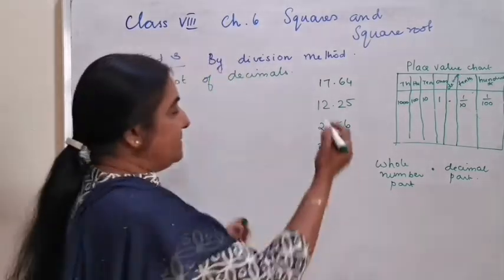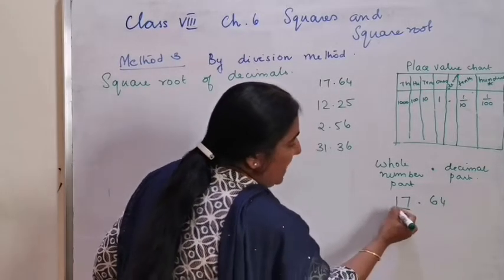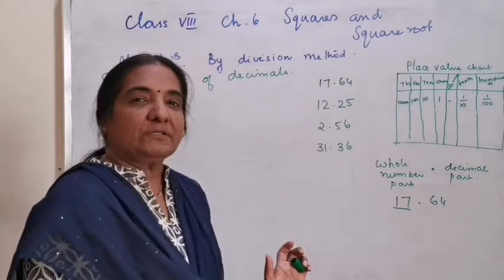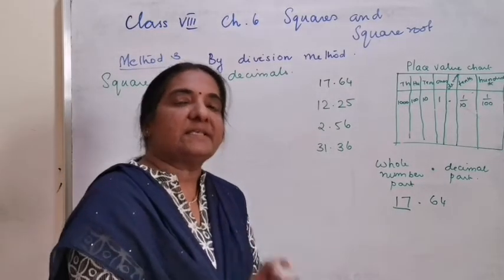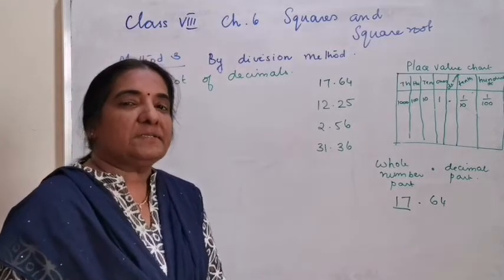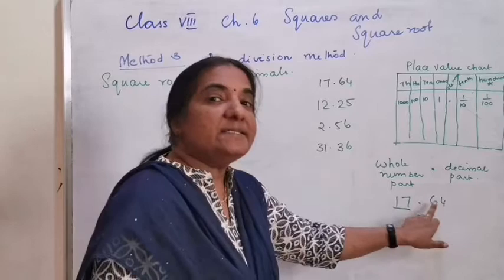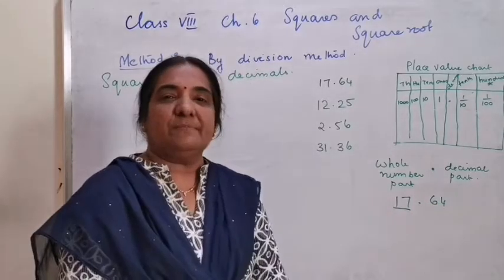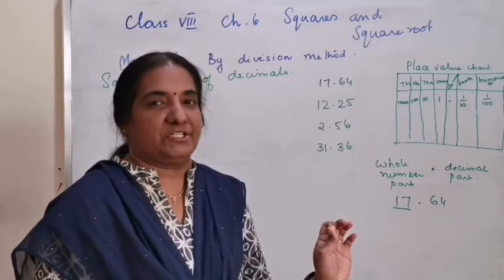Thus, a decimal number of 17.64 has whole number part of 17 and decimal part as 64, and you are reading the decimal as 17.64. After decimals, you will read the digits in a single notation.